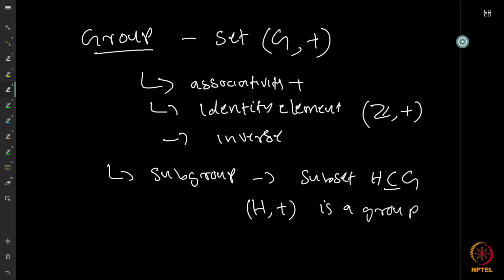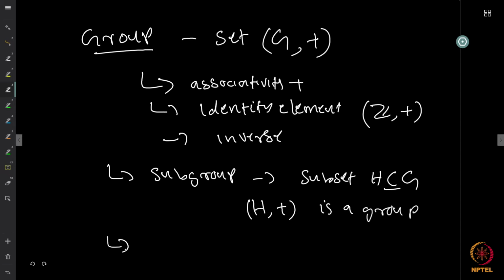So if this is true for some subset, then it's called a subgroup. We follow the same binary operation, the same rules, and this subset together with the binary operation is a group by itself. Then it's a subgroup of the group.